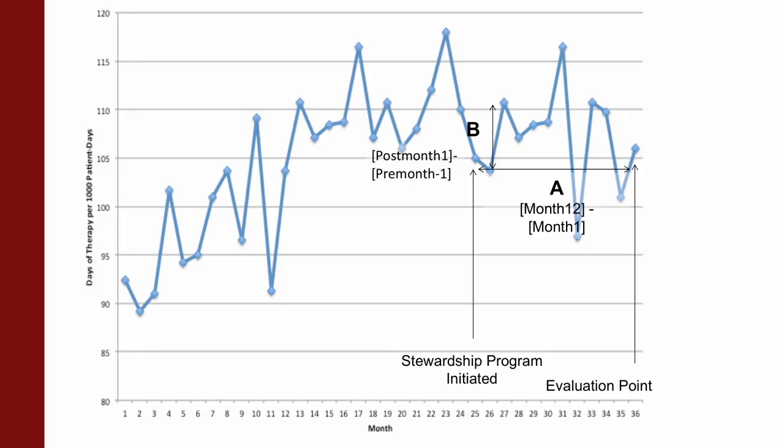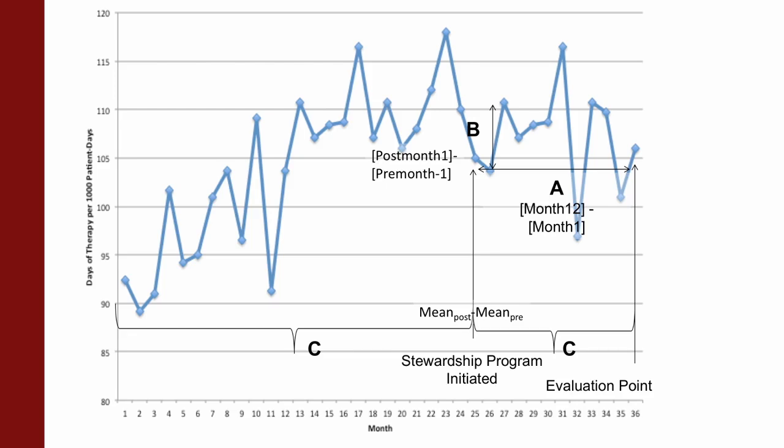Many studies would report the mean use in the period before the intervention and mean use during the intervention period, indicated by C. But this doesn't account for the underlying trend in utilization, which was clearly increasing before the intervention and which flattened out afterwards.